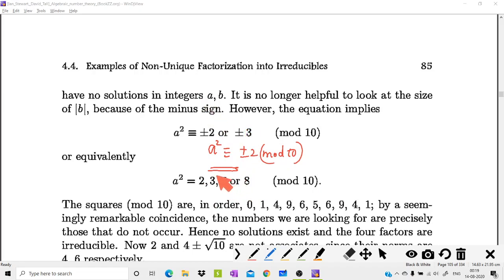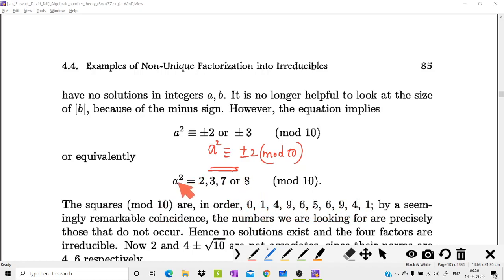So we will prove that the squares mod 10 are, in order, 0, 1. If you consider integers, then we have 0, 1, 4, 9, 6, 5, 6, 9, 4, 1 as the remainders when the squares are divided by 10. So we can say that there is no 2, 3, 7, 8 here.